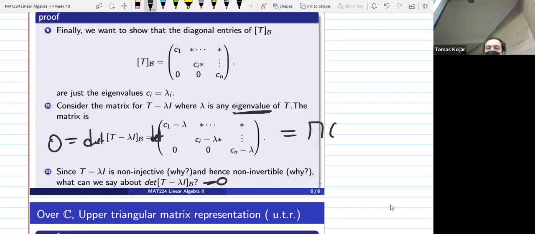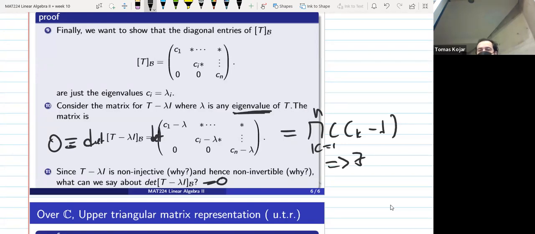Yeah, so it will be the product of c_k minus lambda from k equals 1 to n. But it's zero. So what does that tell you? Perfect, yes.